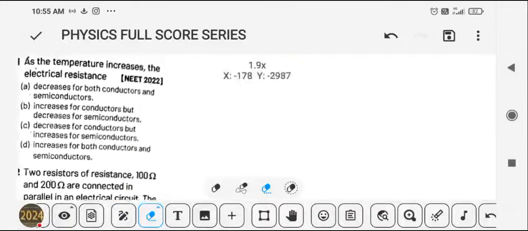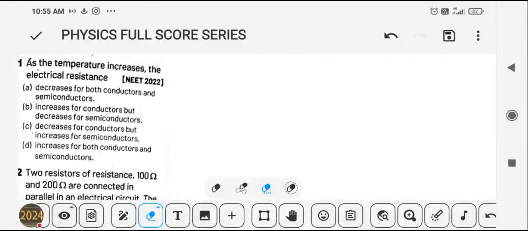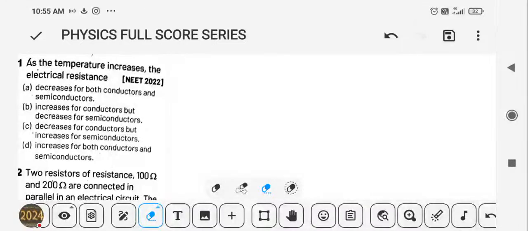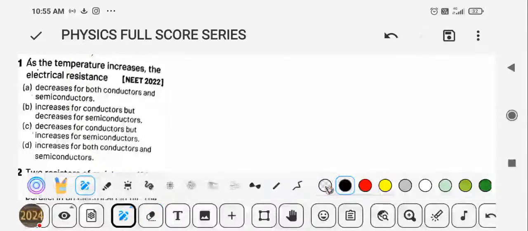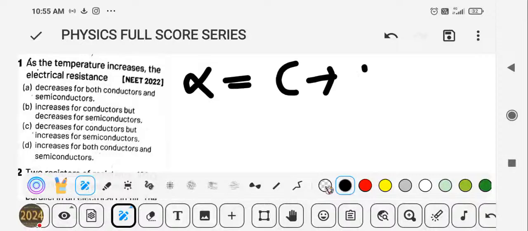As the temperature increases, electrical resistance is. How to do this? When the temperature increases, the resistance of the conductor increases, but for the semiconductor it goes the other way, it decreases. Why? Because the temperature coefficient of resistance, that is the alpha value, for the conductors is positive.